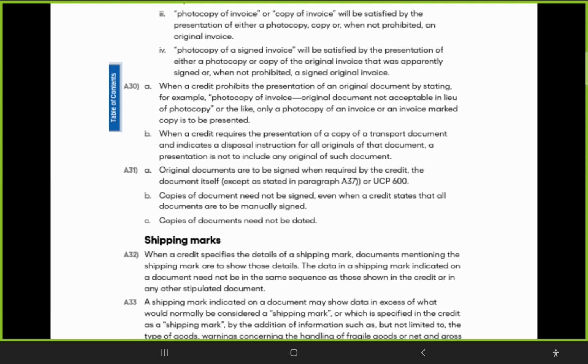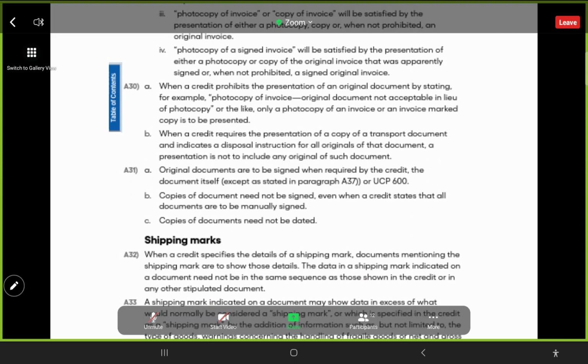Original documents are to be signed when required by the credit, the document itself or UCP 600. So original documents definitely need to be signed. This is not applicable for photocopies. So they are also saying when it is required by the credit document itself or UCP 600. So if credit is silent, should the original invoice be signed if the credit is not asking for? No. Should the draft be signed? Yes, it has to be signed. Certificates?